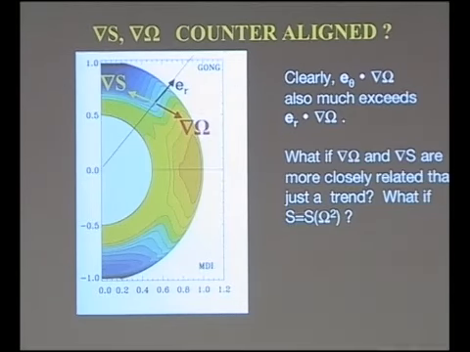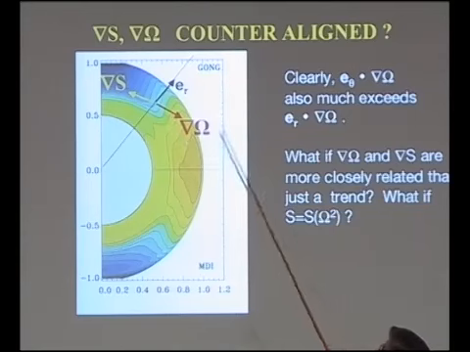So I want to propose the following at the moment just as an exercise. Let's ask the question, what if the gradient of omega and the gradient of the entropy are more closely related than just the general trend that one tends to go up as the other tends to go down?